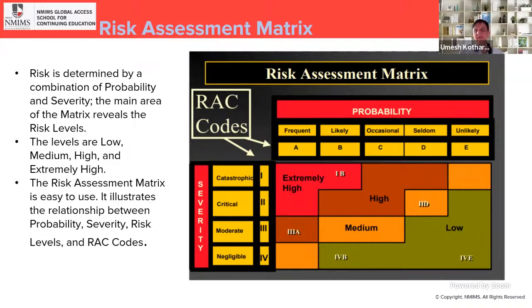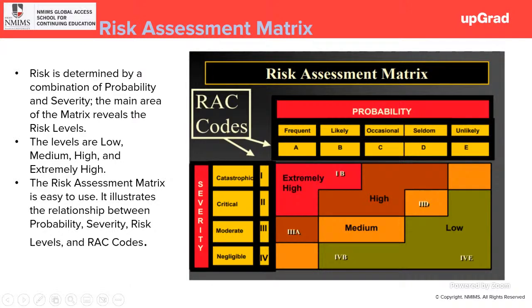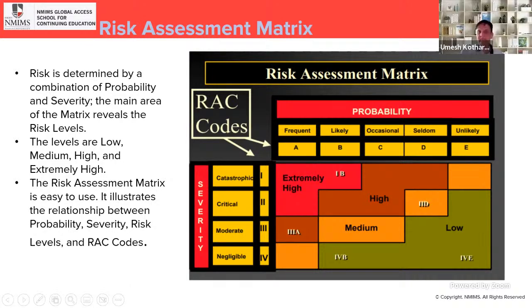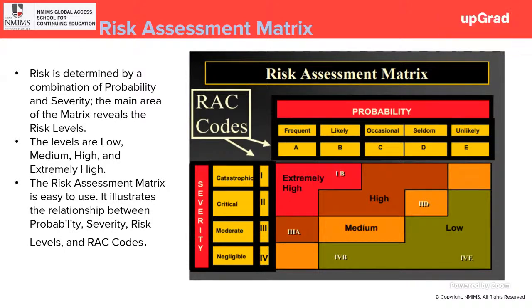Why should you prioritize your risk, or why should a risk assessment matrix be required? Why do you think it's essential? Prioritization. Depending on the severity, you can attend to the risks.